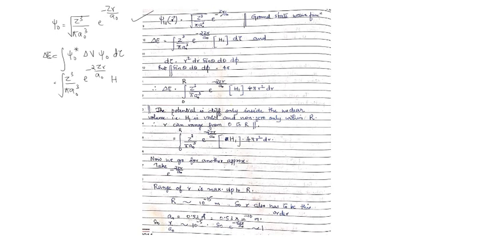Sorry, let the change in potential energy be the perturbation Hamiltonian h1 d tau, where my h1 is the perturbation and h1 is nothing but the change in potential energy.